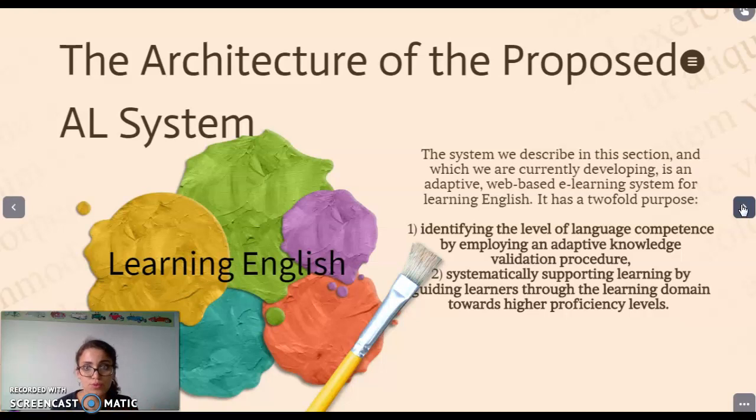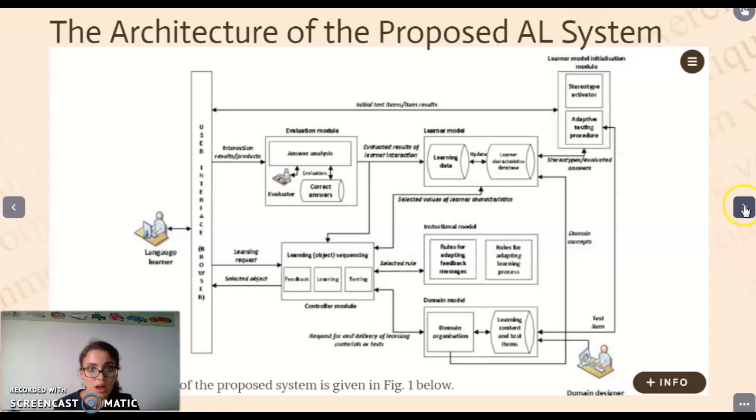I will skip this slide, but they really explain it. I will put it in the homework. It really explains what the language learner has to do and what the interaction result products are. It's very good, but I don't have time to explain everything for adaptive learning.